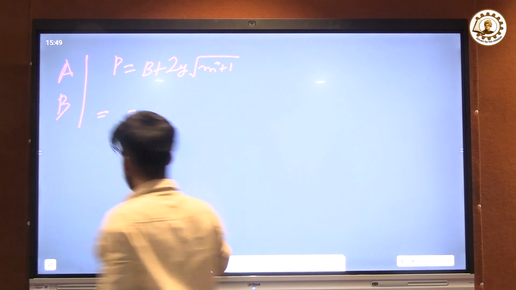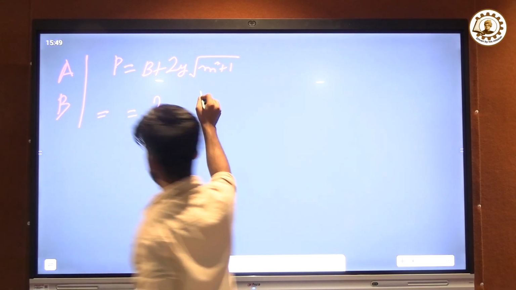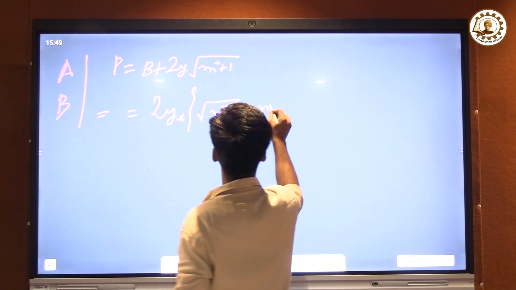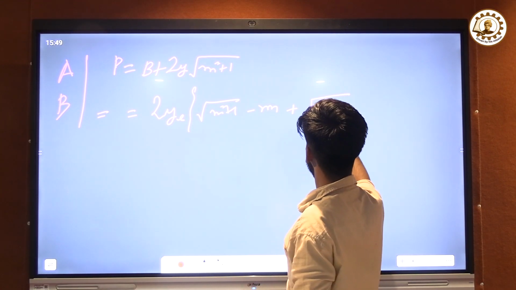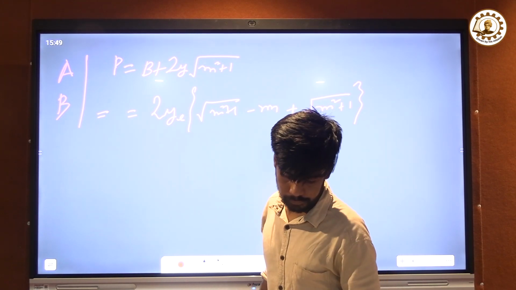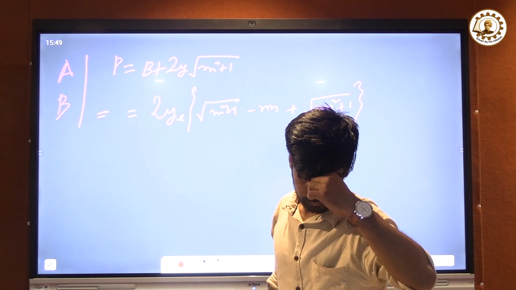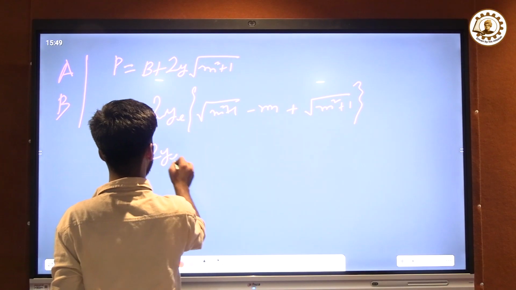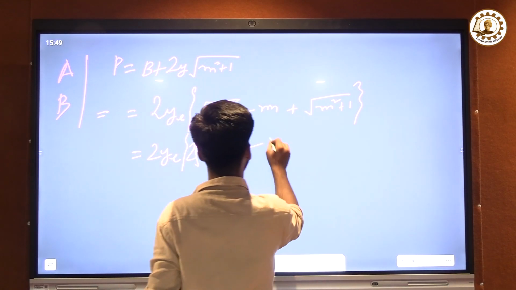Now we do have the value of B. The value of B is 2Ye into root over m square plus 1 minus m, plus m, equal to 2Ye into 2 root over m square plus 1 minus m.